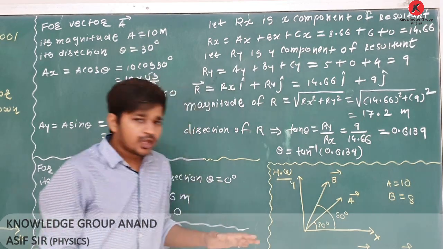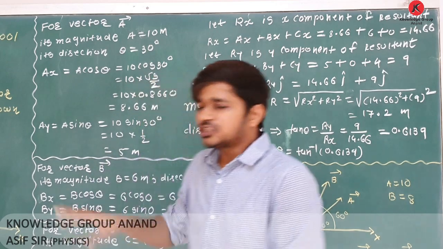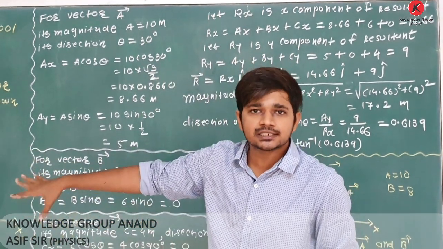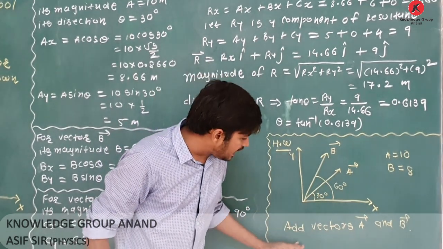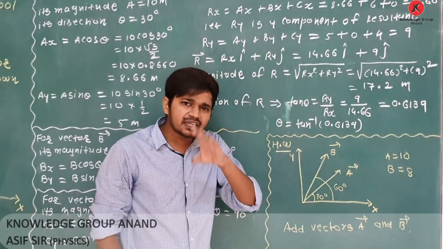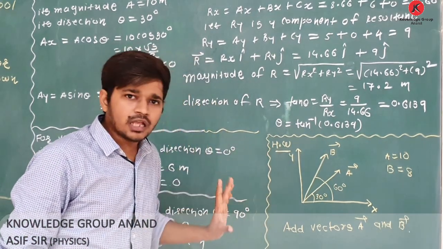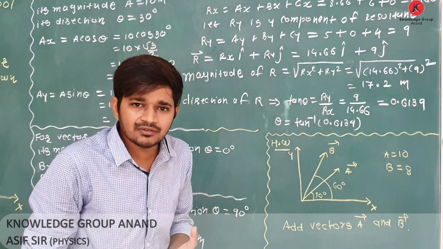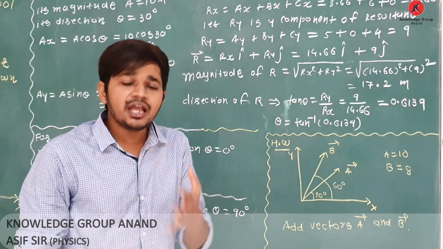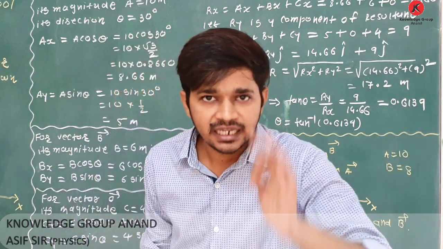Now you have one question as homework. In this question, you are given vectors, but in homework, again the question is the same: add vectors A and B. You are given 2 vectors, and only this figure. Now you have to identify how many vectors are given, what is the magnitude and what is the direction. The method is the same.